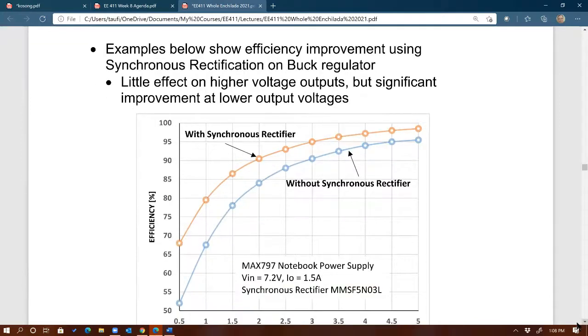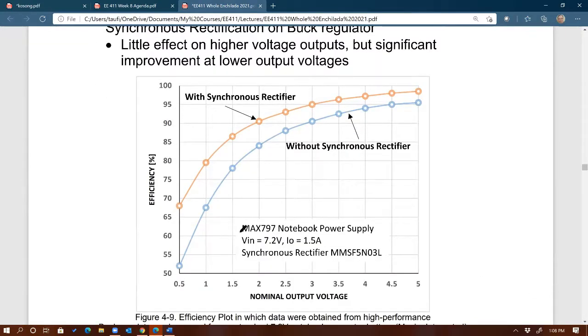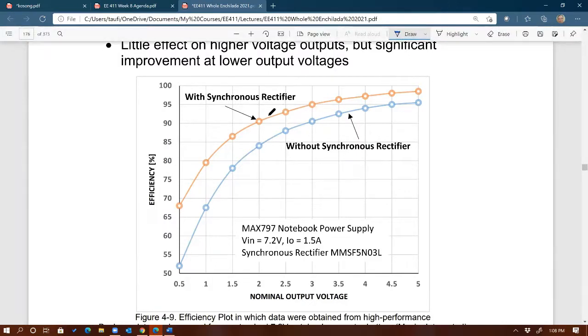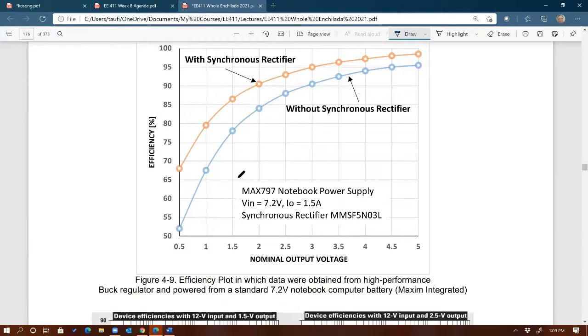And here is an example of the benefits that you get from a synchronous rectifier, meaning replacing the diode with a MOSFET. You'll be doing this experiment today, by the way, and Thursday for some of you. Hopefully you get the same kind of curves for the two different cases. So with the synchronous rectifier, or with the MOSFET, you can see that the efficiency is higher than the one that has the diode, right? This is done for this part from Maxim, under these conditions.